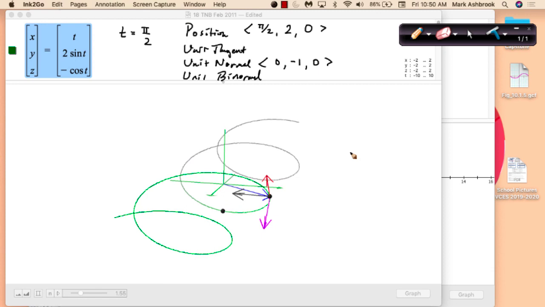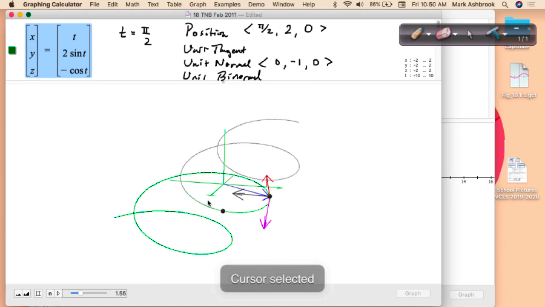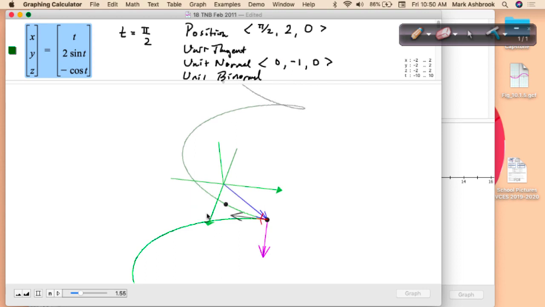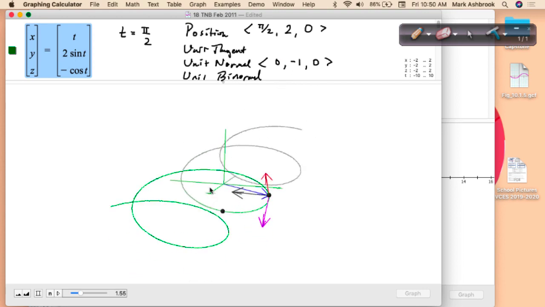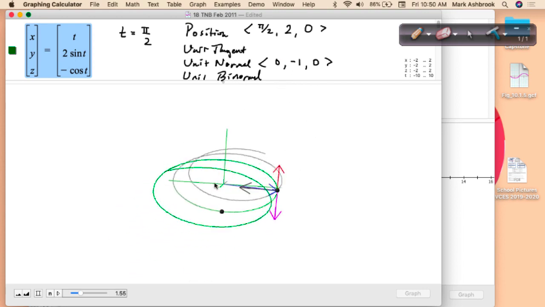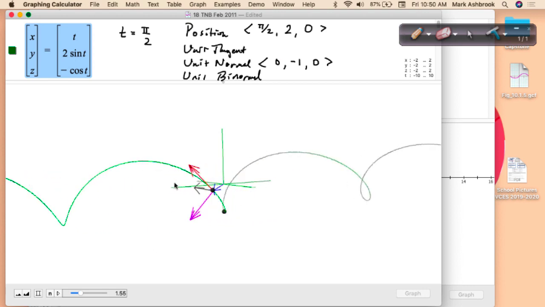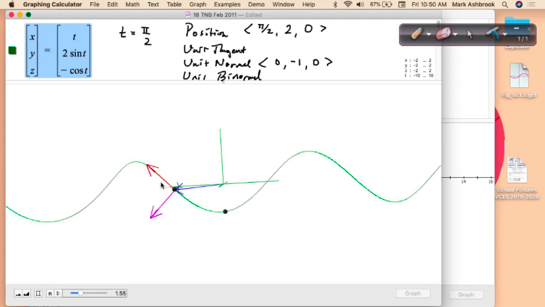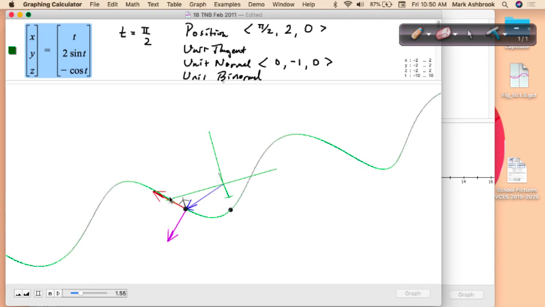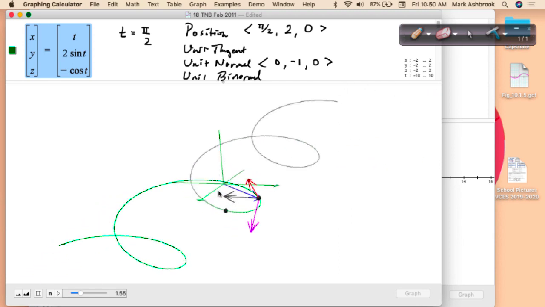It has a magnitude of 1 and it's pointing in the negative j direction. Are we good? So we're making that conclusion based on symmetry. We know we're at the far right side of this curve, and so right at that moment, the direction of turning is directly in the negative y direction.